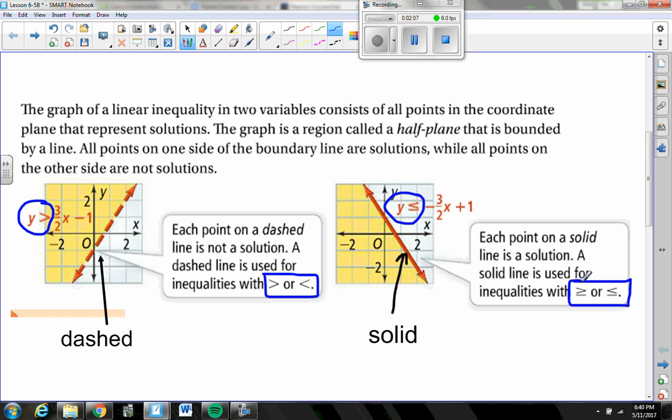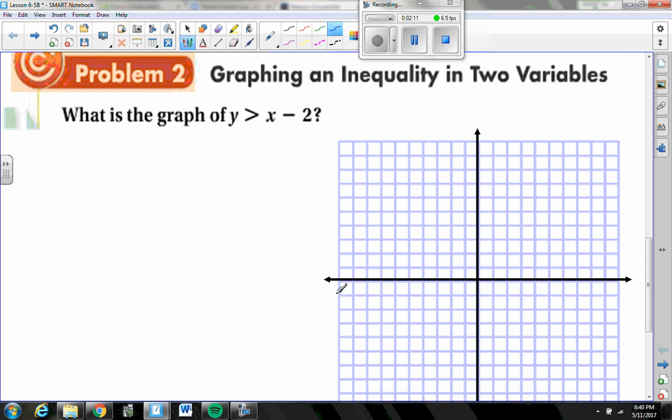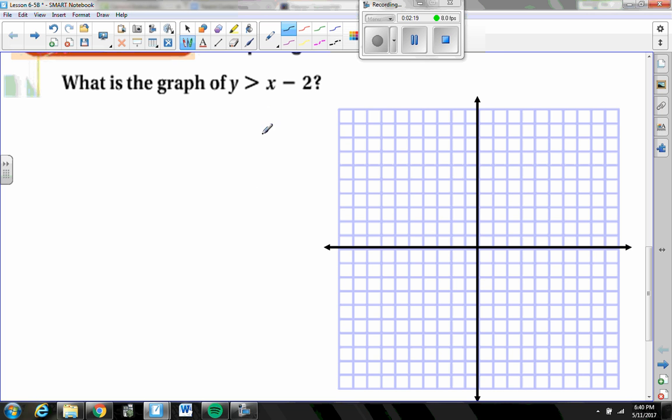You'll be given problems where you're given a certain inequality, y is greater than x minus 2, and you are asked to graph that inequality. The first thing we have to do is rewrite that inequality as an equation. y equals x minus 2 is the boundary line for this inequality.